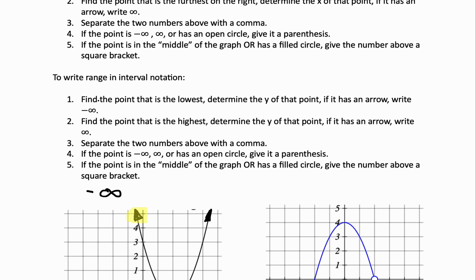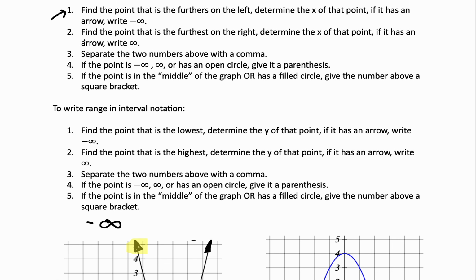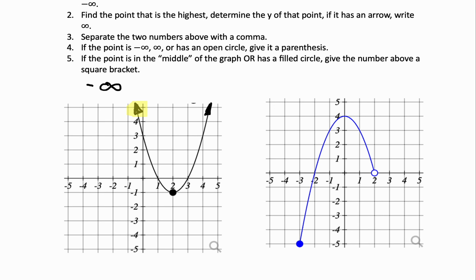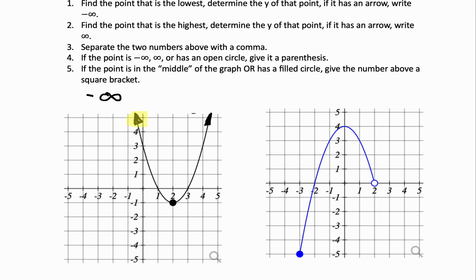Let's read the second step. Find the point that is the furthest on the right. Determine the x of that point. If it has an arrow, write positive infinity. So for our black graph here, the furthest point on the right is this one right here.